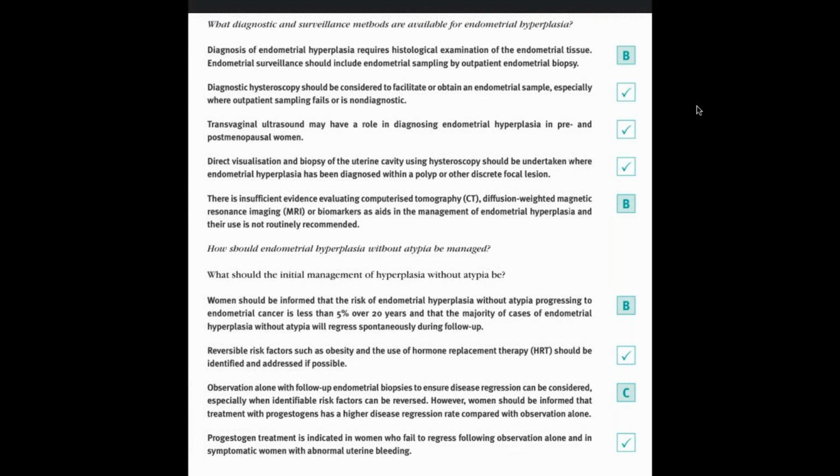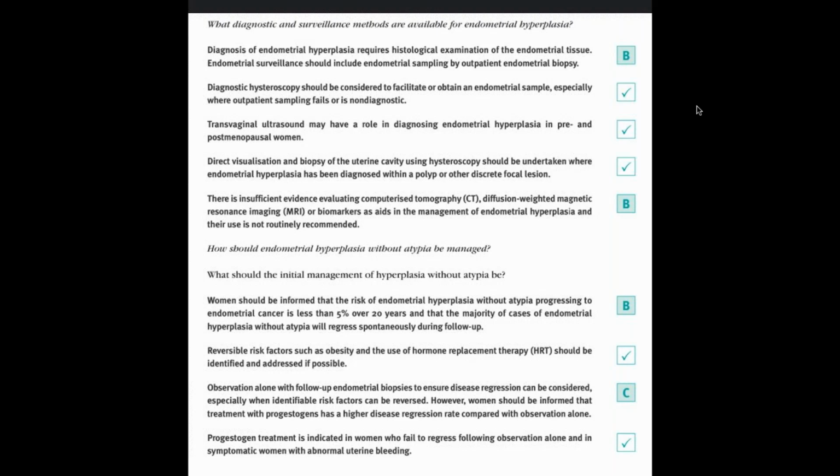Okay. Now, if you go to the third paragraph there, observation alone with follow-up endometrial biopsies to ensure disease regression can be considered. So that's one of the management options. Okay, when you come to your management plan, just observation with endometrial biopsy, especially when identifiable risk factors can be reversed. Like, for example, if they're diabetic and they're not controlled, that's a risk factor.